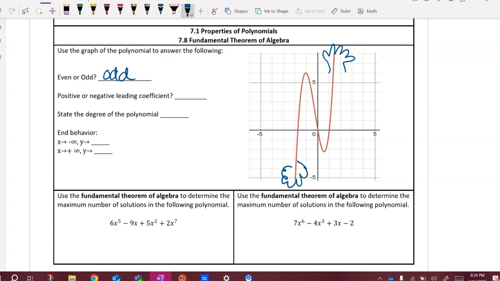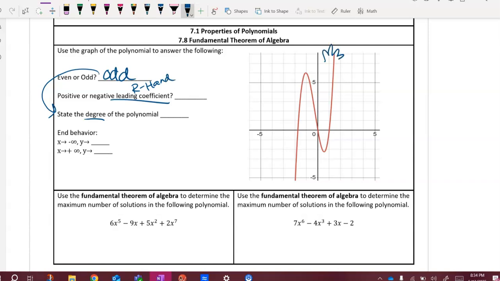And what does that mean to us? Well, if the polynomial is odd, that means the degree, or the highest term, is going to be an odd number. We're not there yet, but we'll get there, and I'll show you it is an odd number. All right, next we have our positive or negative leading coefficient. So when we look at the leading coefficient, we're looking at the right hand.